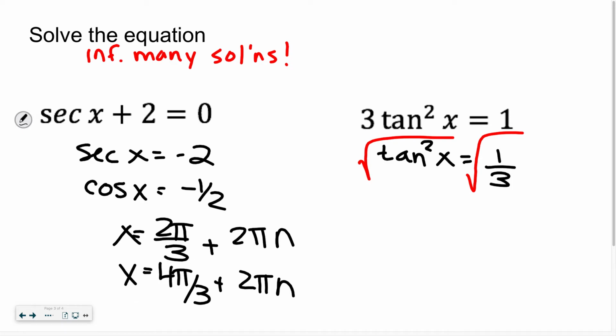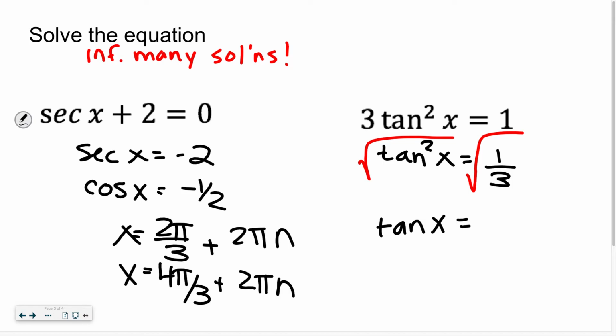So this is going to say tangent x equals... What do you have on the other side? What's that? The square root of 1/3, yes. Which is radical 3/3, right?